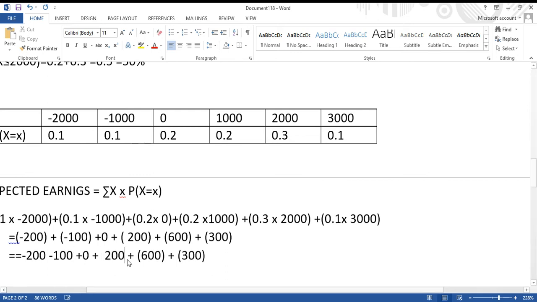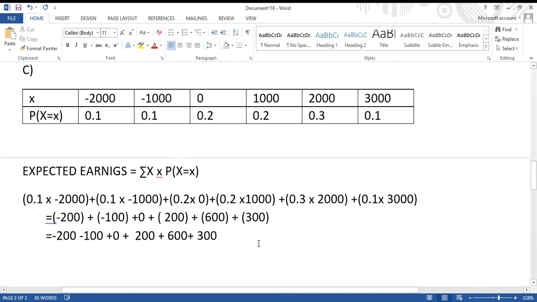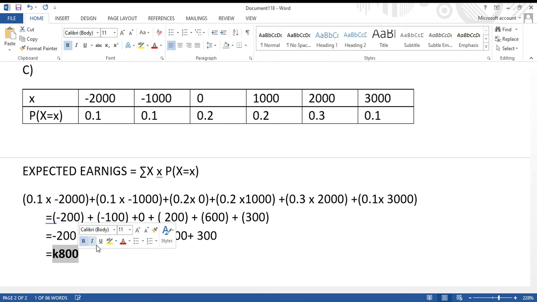What do we get when we tabulate this? 800. Correct, we get 800. So that's like our average profit.